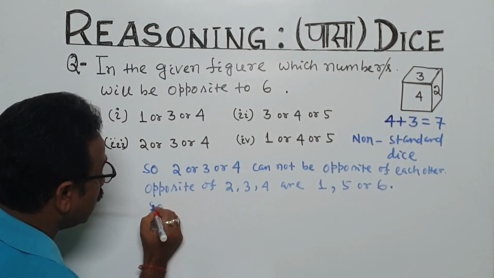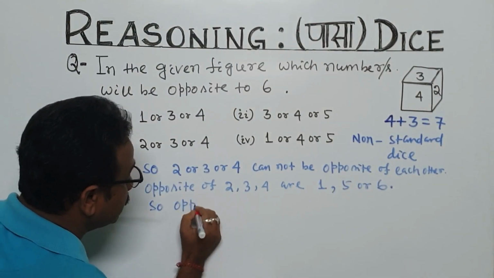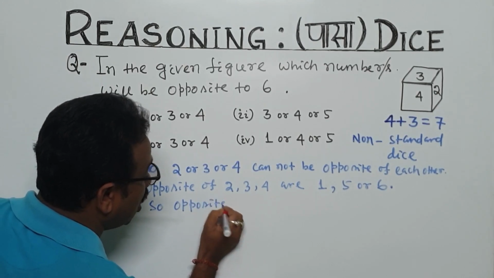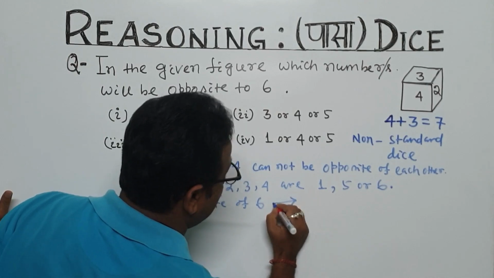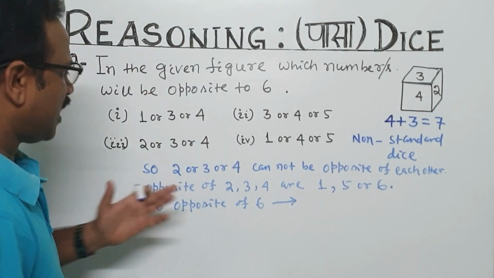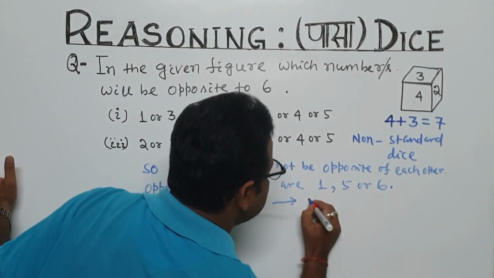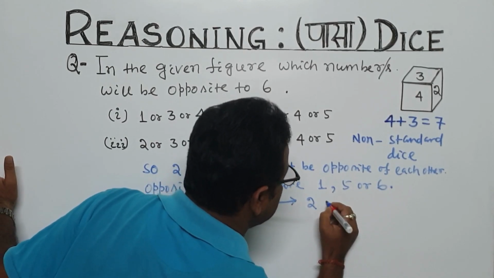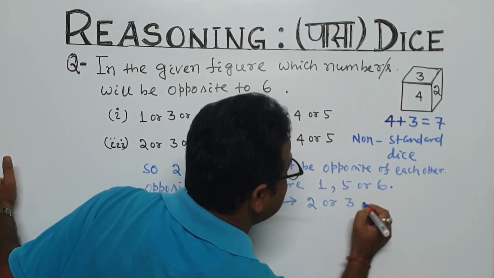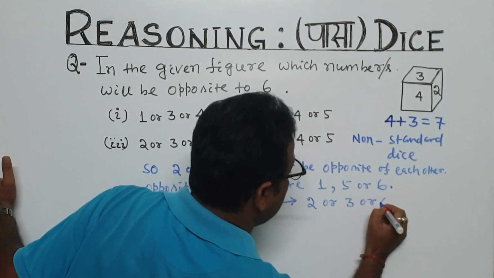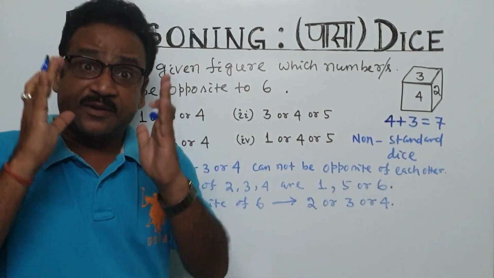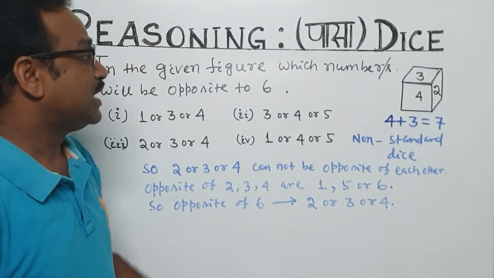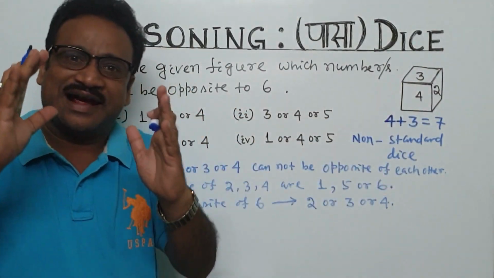So the opposite of 6 is definitely either 2 or 3 or 4, because 1, 5, 6 cannot be seen at a time, and 2, 3, 4 are seen at a time.